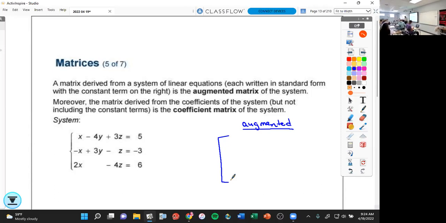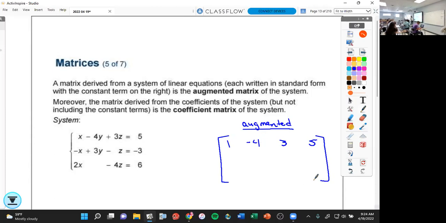So for the augmented matrix, I'm going to totally ignore all of the variables. My first row is going to be 1, -4, 3, and 5.